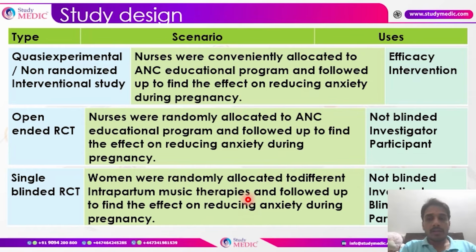However, the participant does not know whether they are given music therapy or which type is given. So the investigator is not blinded, but only the patient or participant is blinded. So it is called a single-blinded randomized controlled trial.